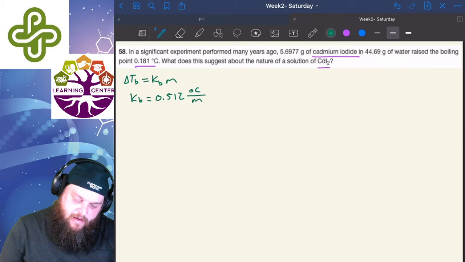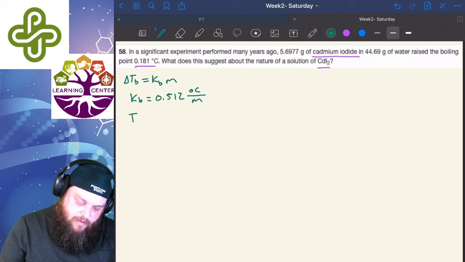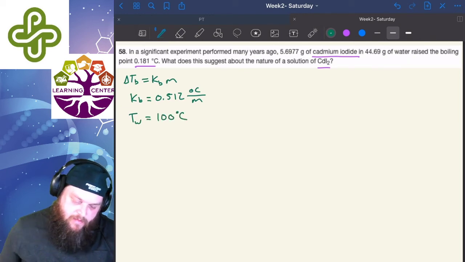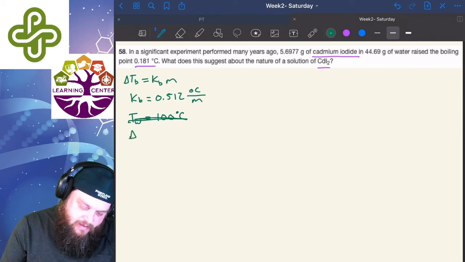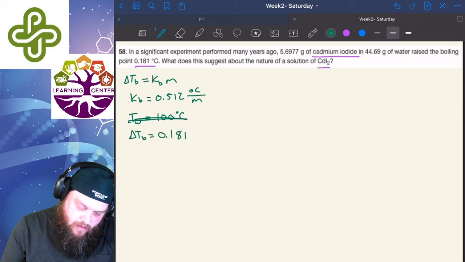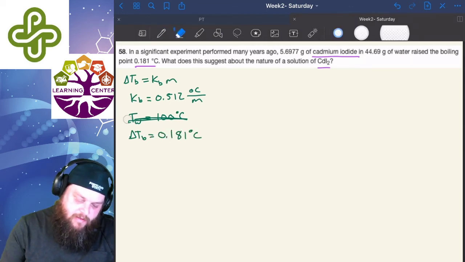The temperature of boiling of water is 100 degrees C, and we don't really need that because they're telling us delta T of boiling is equal to 0.181 degrees C by experimentation.